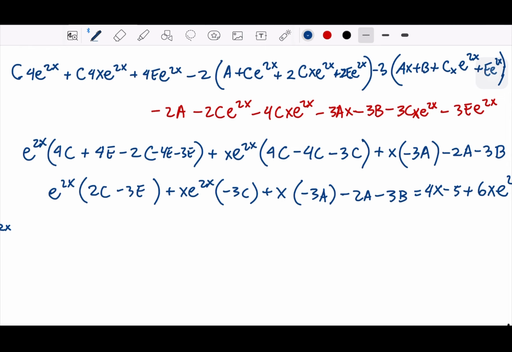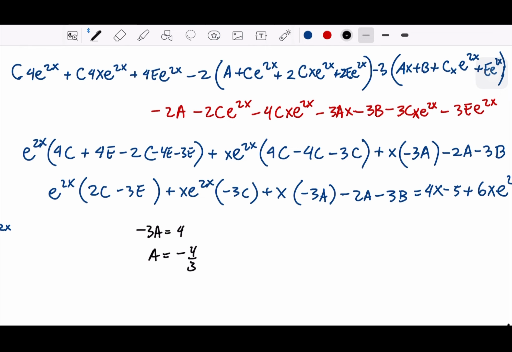So we first equate, I think we can start from the 4x. So x is this part. So negative 3a is 4. So we can start with that. We can write down that negative 3a is equal to 4. So a is negative 4 over 3. Okay, we can start from there.